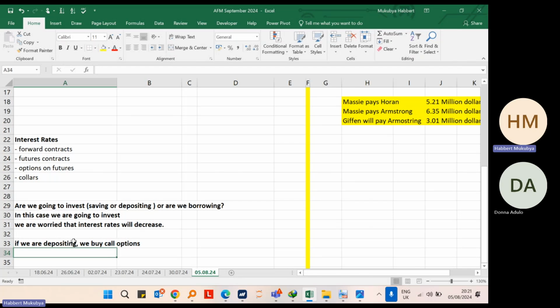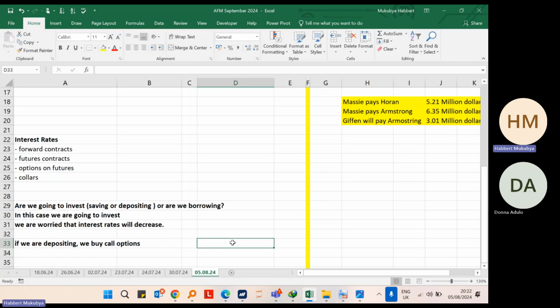The reason why we buy call options, since we are aware that the FX is going to decrease, is that call options are options to buy. So if we think that the FX are going to decrease, we normally hedge against that.